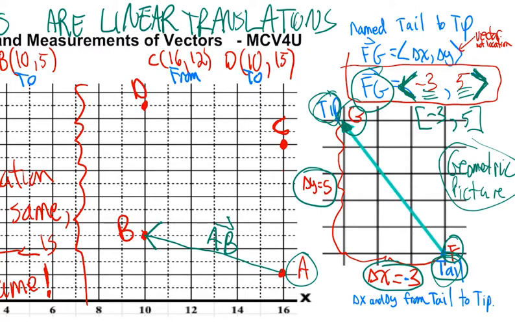Okay, so let's go back here, and now I want to make another vector, this time from C to D. So from C, which is at 16 and 12, that's right here. And I want to make it to D, which is at 10 and 15. So I've marked on those points.